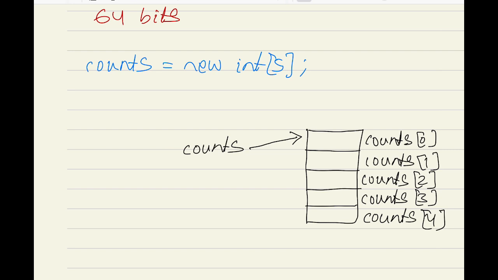So counts of 0, counts of 1, counts of 2, counts of 3, counts of 4 are the individual elements, and you can assign some values like 5, 25, 7, 13, 15, like this. So counts of 2 is 7, counts of 3 is 13, like this.